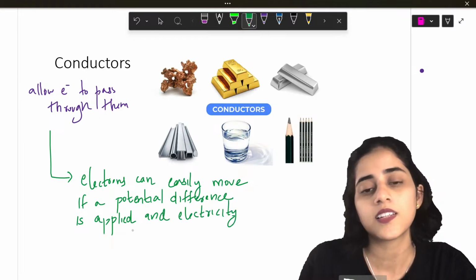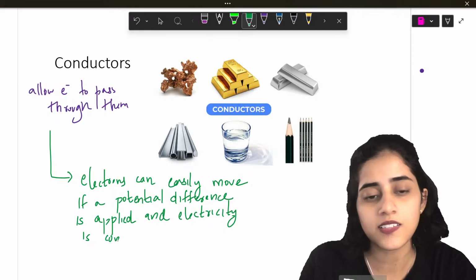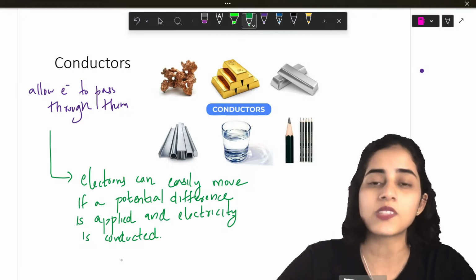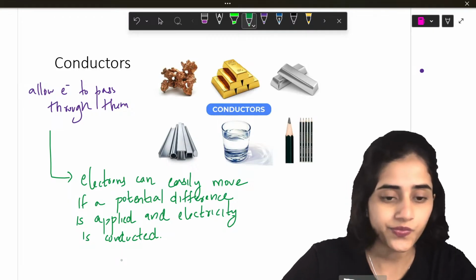Okay, so that is what happens in conductors.